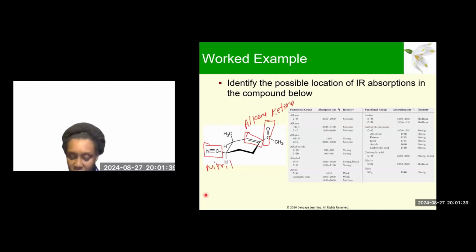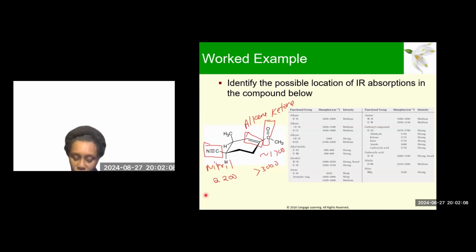Okay, so let's see if we can find those in this table. Ketones, if you remember, is carbonyl, and so it's going to be something around 1700. Because it's an alkene, you're going to have peaks just above 3000. And then your nitrile, you're going to expect a peak at around 2200 or so.